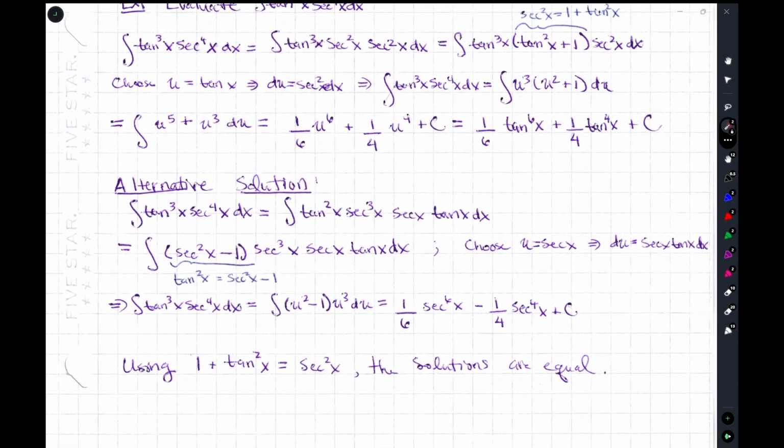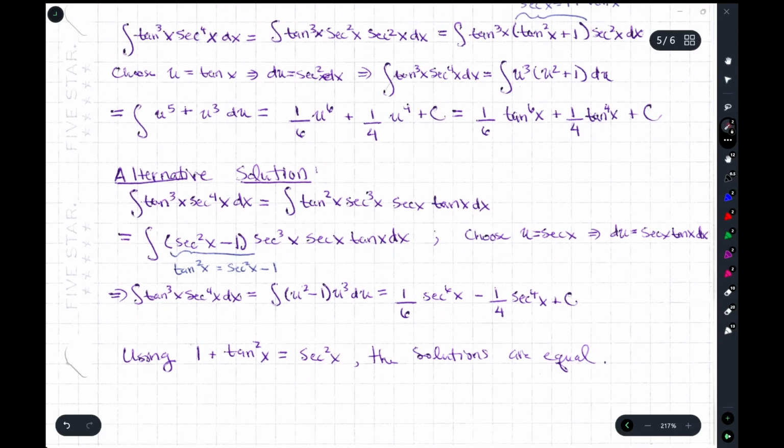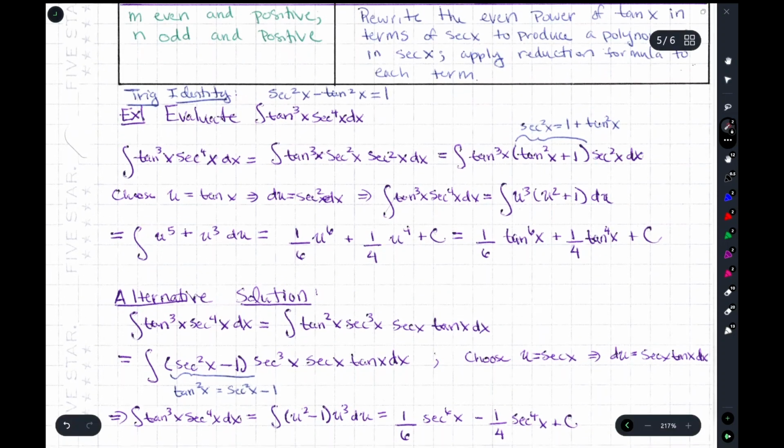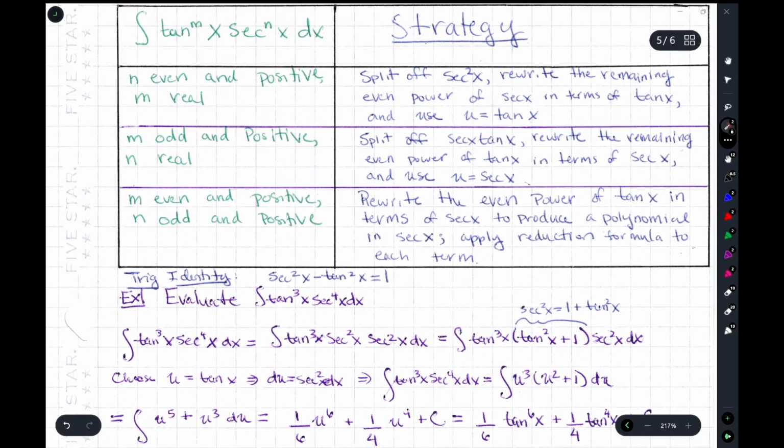And you could see a similar idea pervading the integrating of powers of sine and cosine and integrating powers of tan and secant. The idea is always to split off a term such that you could sweep that split off term into the du and to rewrite the remaining expression in terms of u.